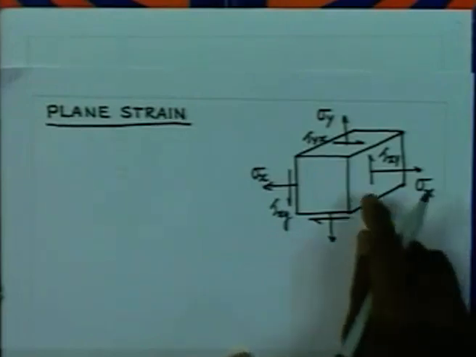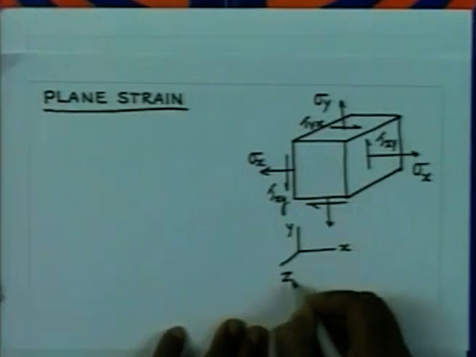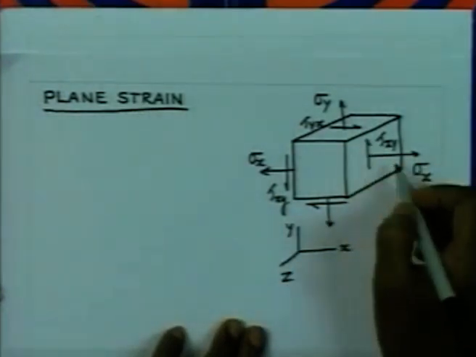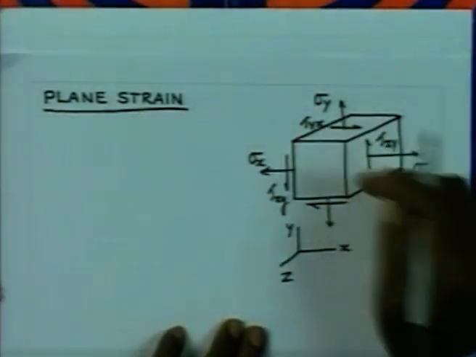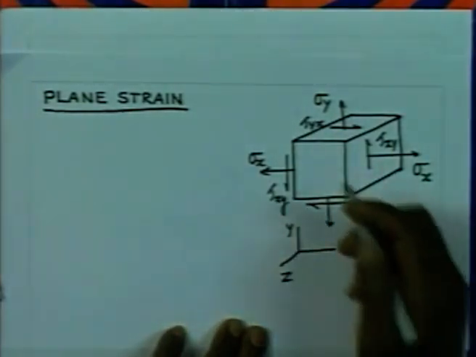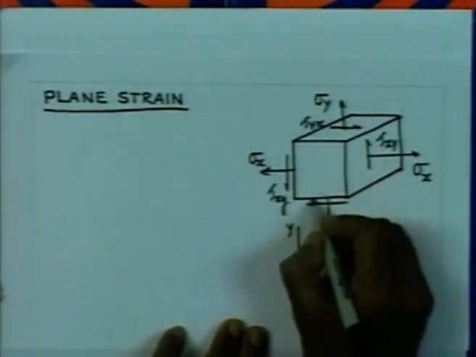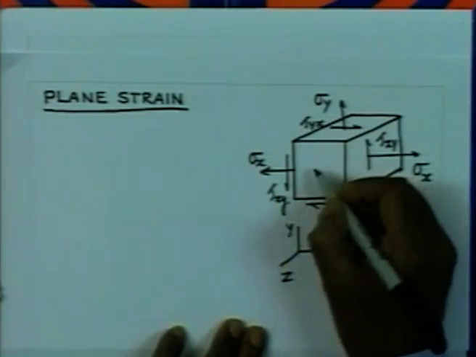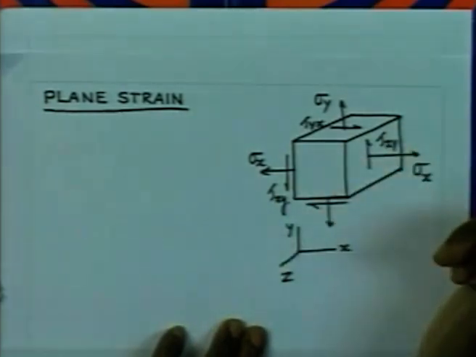Now, under the action of these stresses, if we consider our coordinates as usual x, y and z, under the action of these stresses acting on the four faces, we might have a condition of contraction in the z direction.